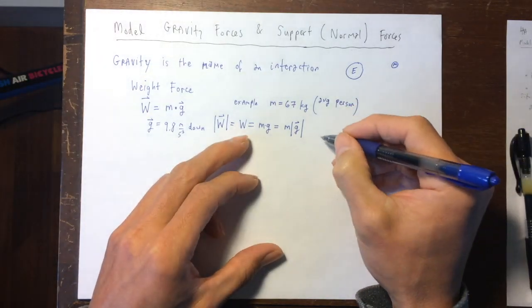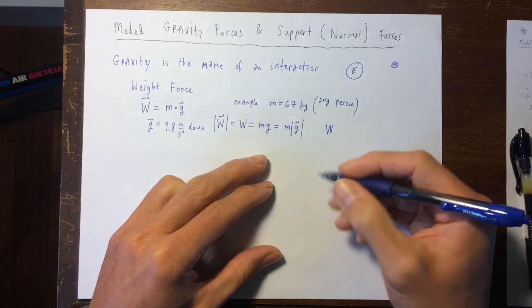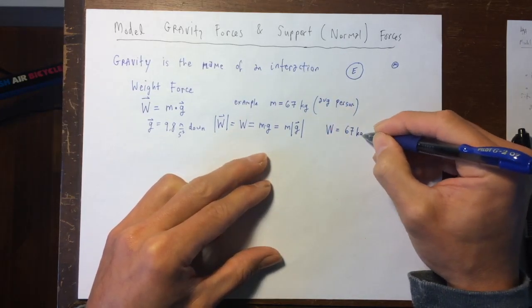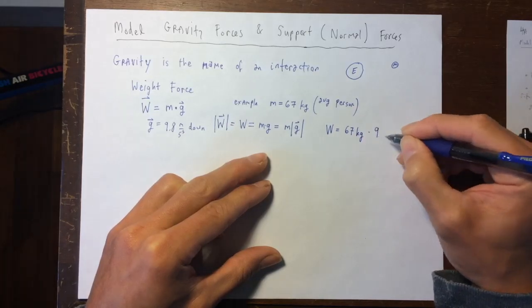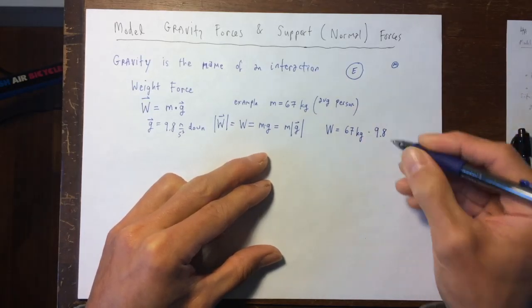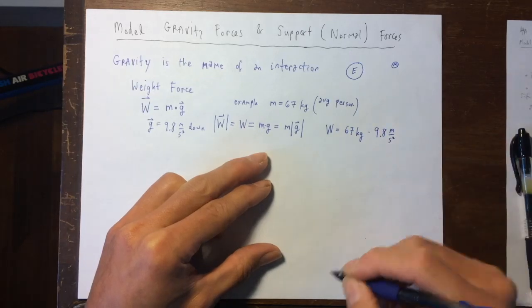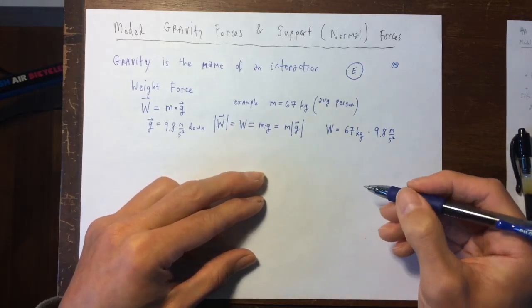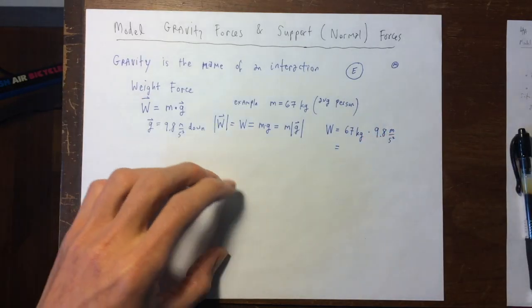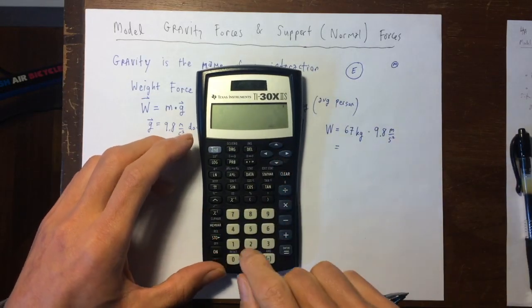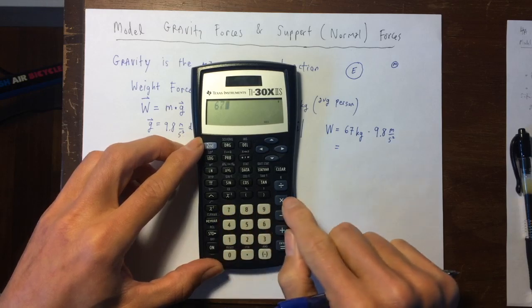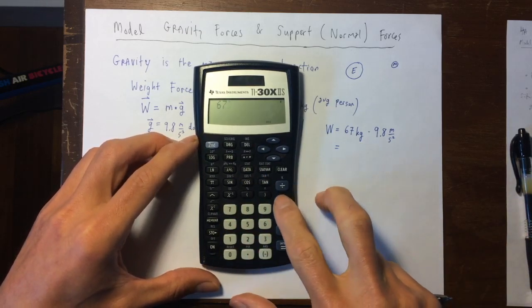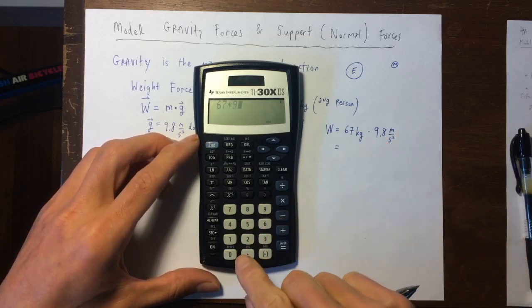But let's calculate the weight of an average person. Well, it's 67 kilograms times, on Earth where average people are, the acceleration due to gravity of about 9.8 meters per second squared. If I put this in my calculator, 67, you notice there's no button for kilograms, so I'm going to leave that out, times 9.8.